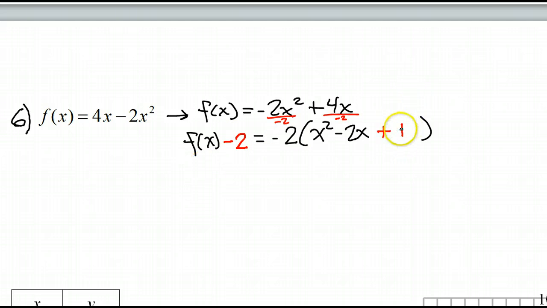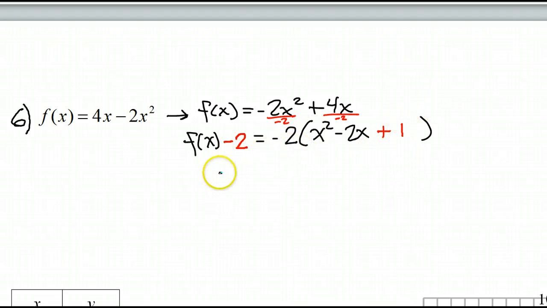Why? It looks like I did a +1, but if I were to do the distributive property, you would actually see I've got -2 times 1. All right, -2 times 1 would immediately become -2. So it's really like I put a -2 over here once you see the distributive property. So I have to put a -2 over here to balance that out.